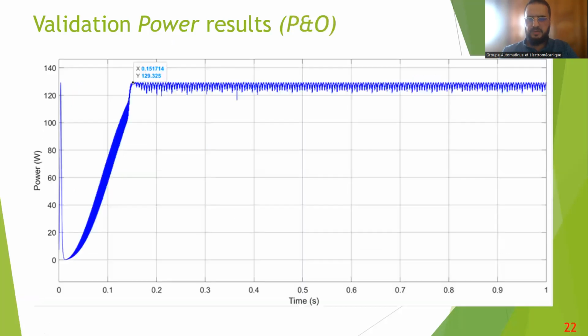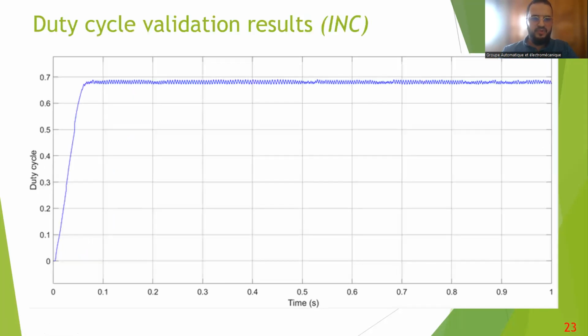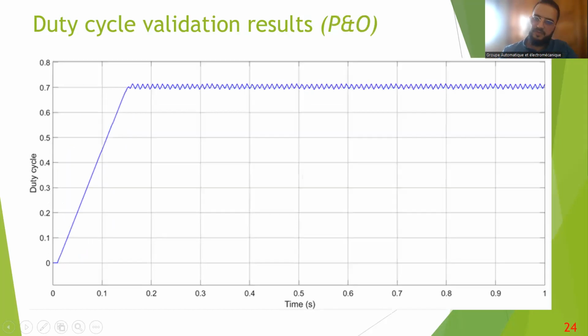For the perturb and observe results, we can see that we have more fluctuation, but it gets the maximum power, but it's slower because it takes 0.15 seconds. For the duty cycle, you can see that we reach the maximum duty cycle at the same time as the power, for both the incremental method and the perturb and observe method.